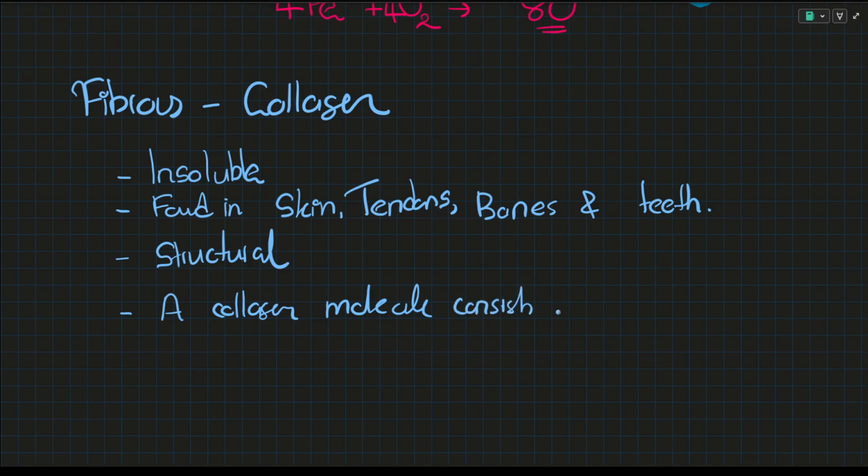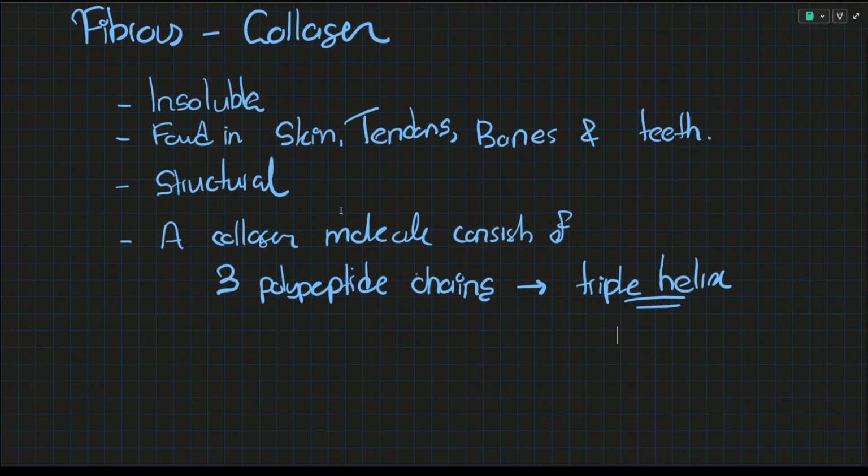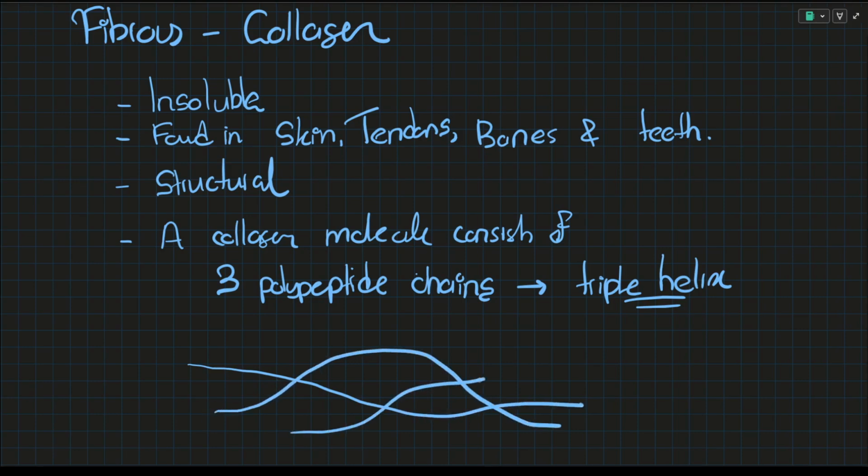A collagen molecule consists of 3 polypeptide chains. So typically we refer to collagen as a triple helix. Say triple helix. Here's what it looks like. That's the first polypeptide chain. That's the second polypeptide chain, and that would be the third interacting polypeptide chain.